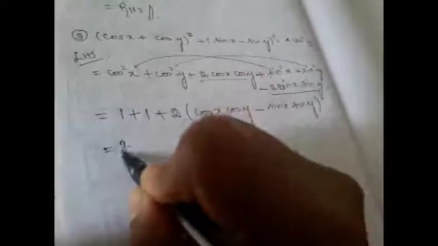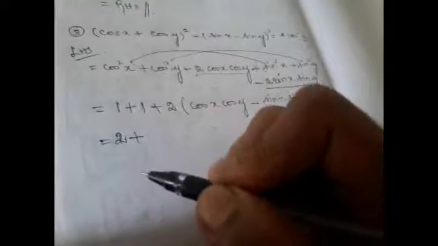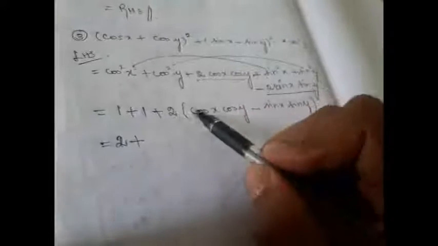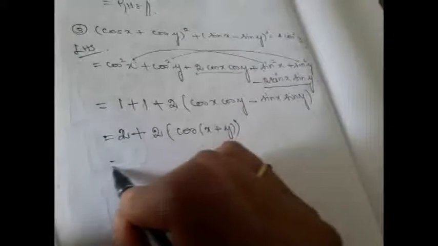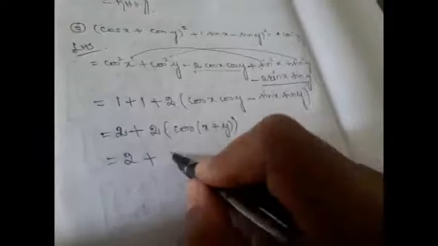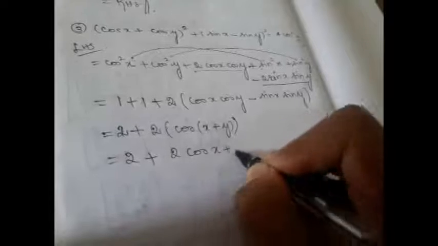When you have minus, it is plus only, no? So this can be written as 1 plus 1 is 2. 2 plus 2, 4, shall I write? No, because this 2 is under multiplication. So 2 into this is cos a plus b. So this is equal to 2 plus 2 cos x plus y.